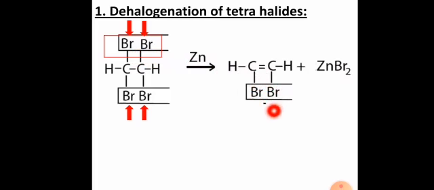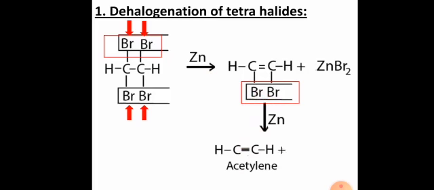Now you can see we have another leaving group available here, so we have to remove it and perform the same reaction in the second step. For that purpose, use zinc again, right? And this time it will give you a triple bond, and the side product will be zinc bromide.